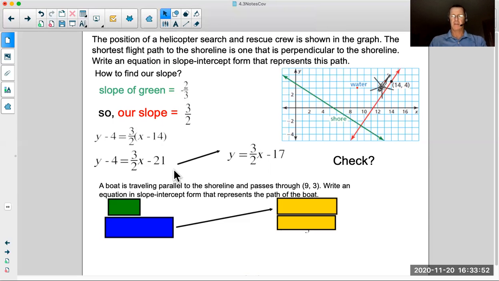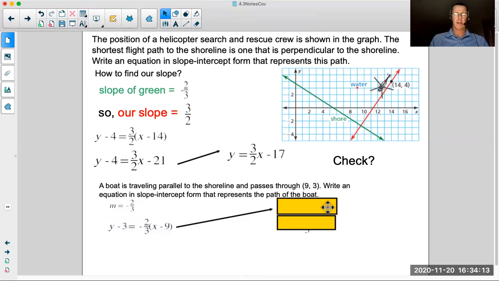Hopefully you said they will be the same. What was the slope of the shore? -3/2. What's our slope then? -3/2. I'm sorry, I said -3/2. I meant -2/3. Hopefully you caught me. -2/3. Okay, and do we have a point? Yes, we do. 9, 3. Plug it into point slope is one way to go. Distribute, combine, or add 3 and combine, and there you have it.